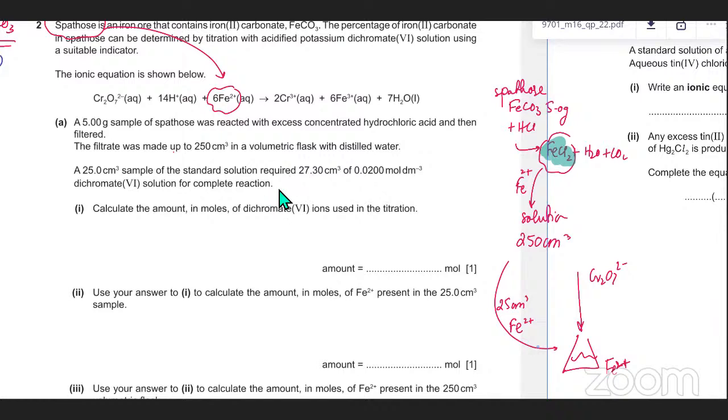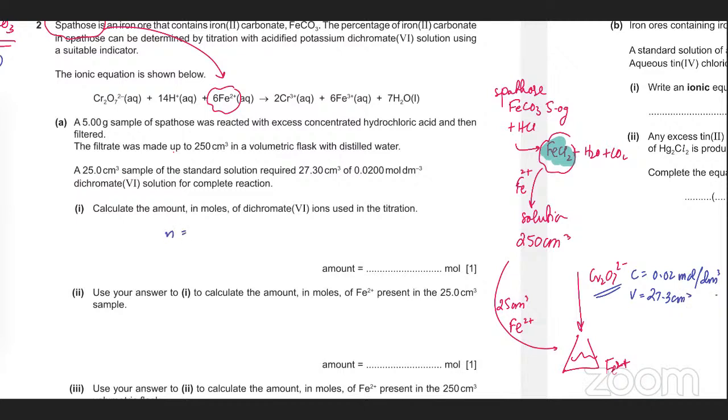Now he's saying about dichromate 6 that the 25 cm3 sample required 27.3 cm3 of 0.02 mole per dm cube dichromate 6. So we know the concentration of dichromate 6, which is given, 0.02 mole per decimeter cube. And he's also given us the volume, which is 27.3 cm3. So we can use that.